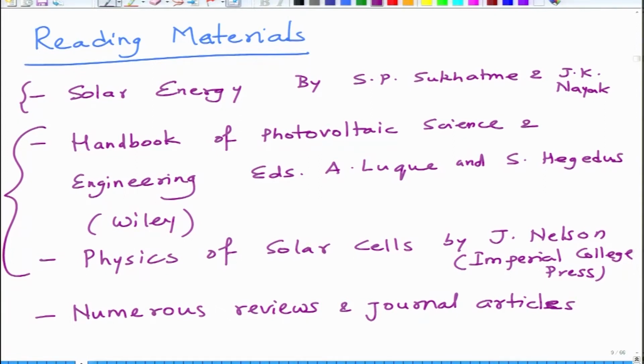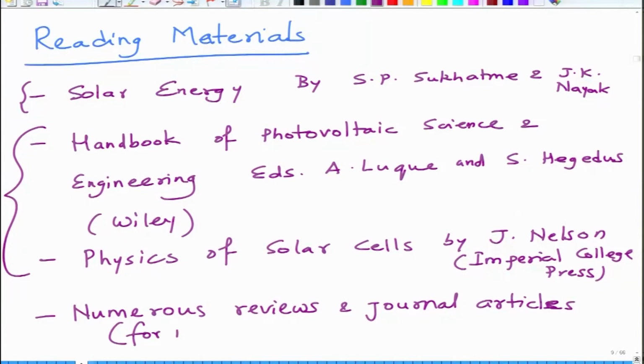So as a result, to know about the third generation technologies, you have to go to resources such as these review papers and journal articles, especially for perovskite solar cells. There are a lot of good reviews nowadays for organic solar cells and for dye-sensitized solar cells. So this is primarily for new technologies, okay. And these 2 will cover fundamental aspects of solar cells, semiconductors, as well as the first 2 generation technologies.